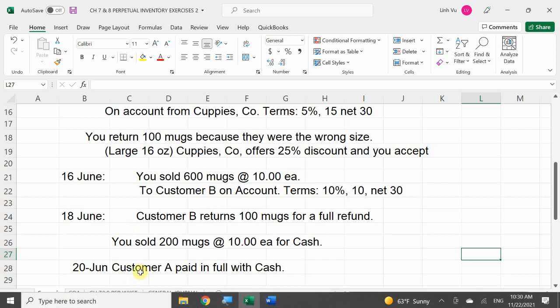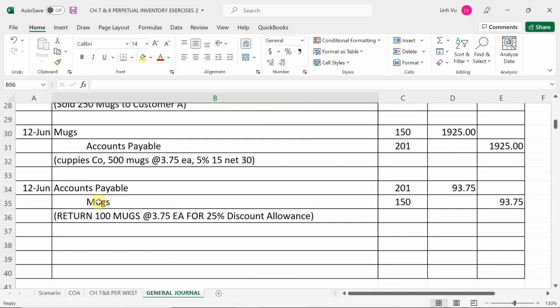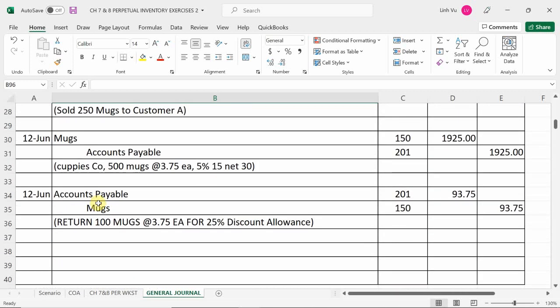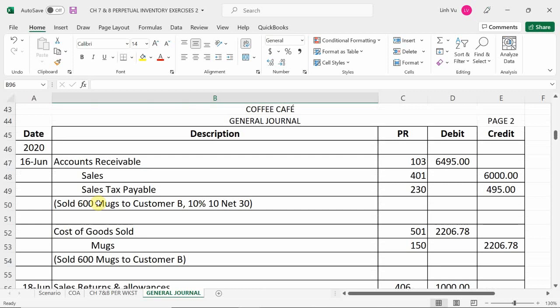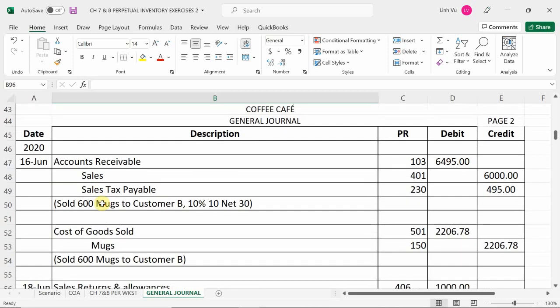Okay? So let's go ahead and take a look at this transaction over here on the 16th of June. Okay? This is where we sold 600 mugs, right? For $6,000, but we end up returning 100 of them.